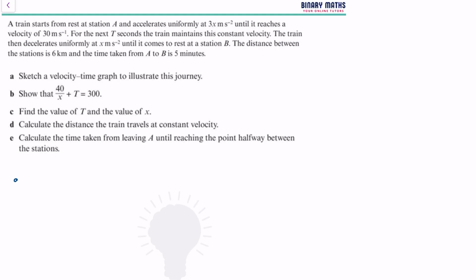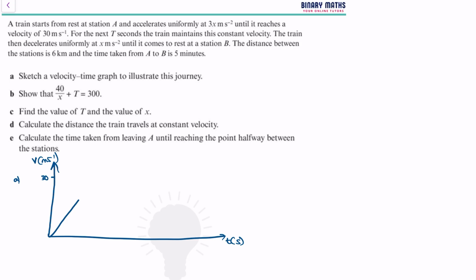Okay, so A, let's draw a velocity time graph for this journey. So velocity time in seconds, velocity in meters per second. So it's accelerating uniformly at 3x meters per second squared until it reaches a velocity of 30 meters per second. So that means 30 meters per second.